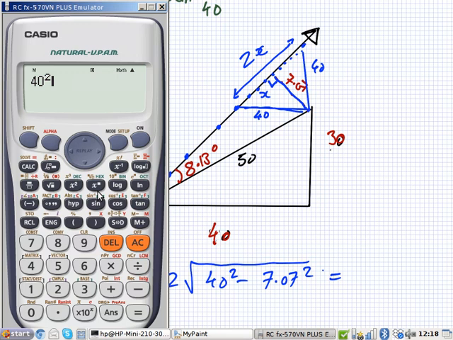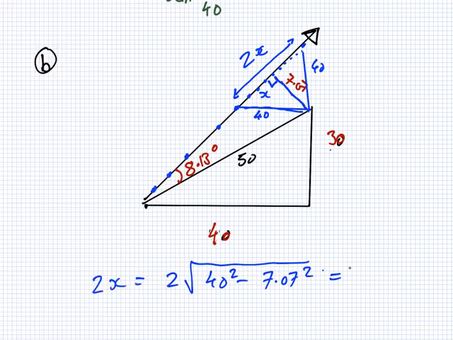No, something went wrong, that's not right. 2 square root of 40 squared minus 7.07 squared, which equals 78.74 kilometers. Yep.